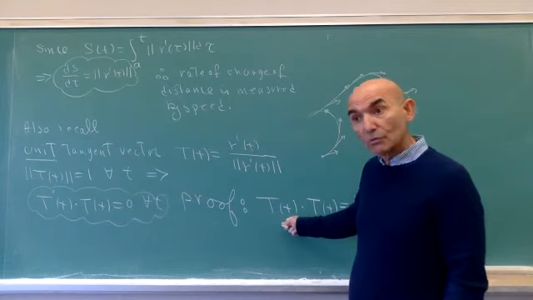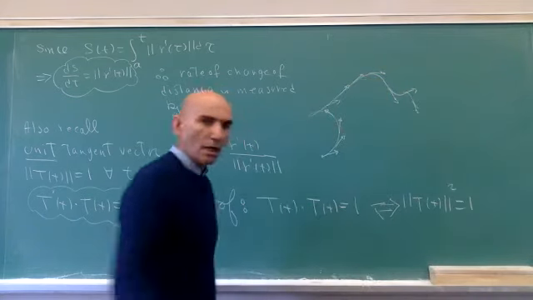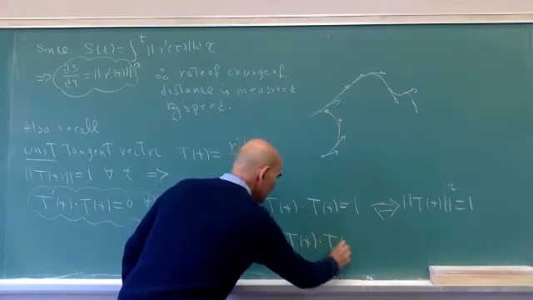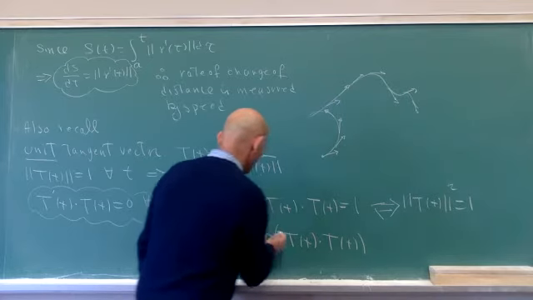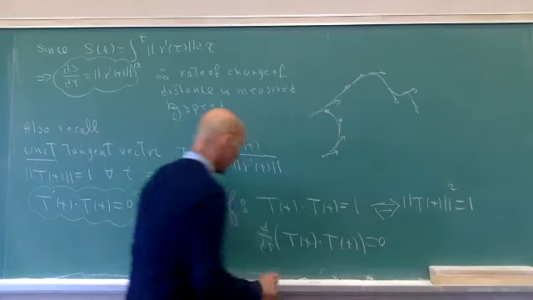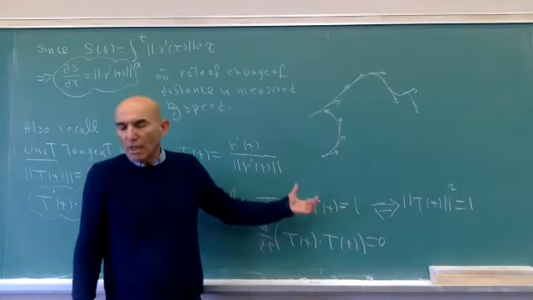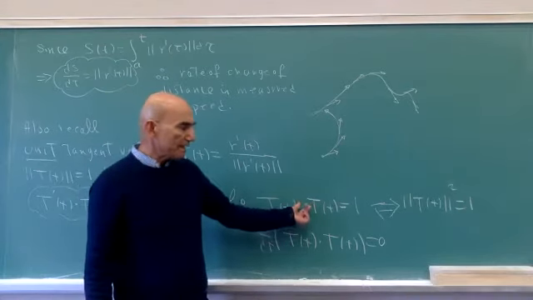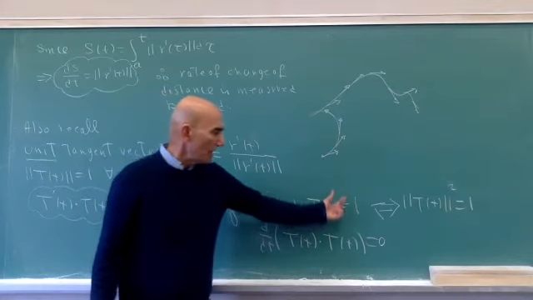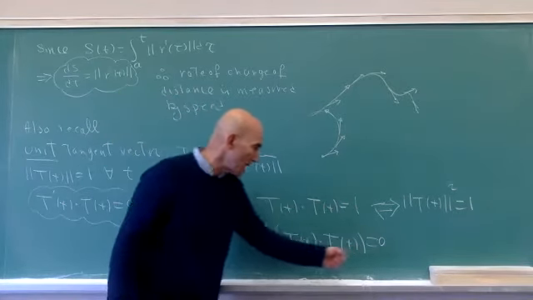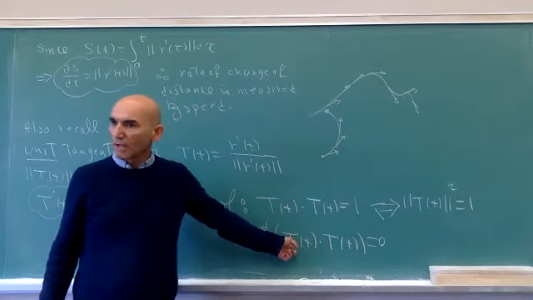And now what can we do? We can differentiate this function. So you write T(t) dot T(t), and d/dt of this is equal to 0. Look, this is an honest, usual one-variable function, because it's a scalar. It has the value 1, so if you differentiate it, its derivative is going to be 0. That's the right-hand side. Now, what about the left-hand side? How do you calculate the derivative of T dot T?